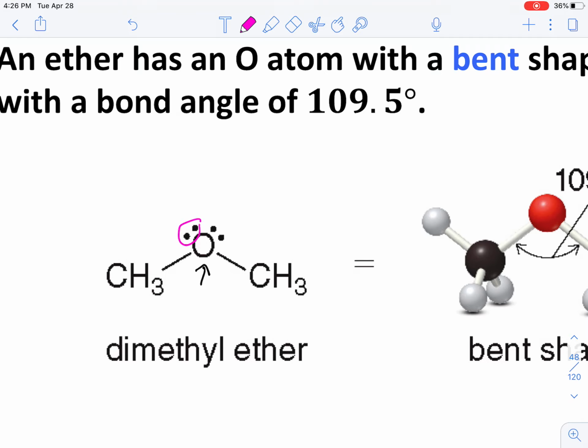So here we have 1, 2, 3, 4, 5, 6, 7, 8. Okay. And since this oxygen has 2 lone pairs, that counts as 2 groups of electrons. Here we have another group of electrons. Here we have another group of electrons.